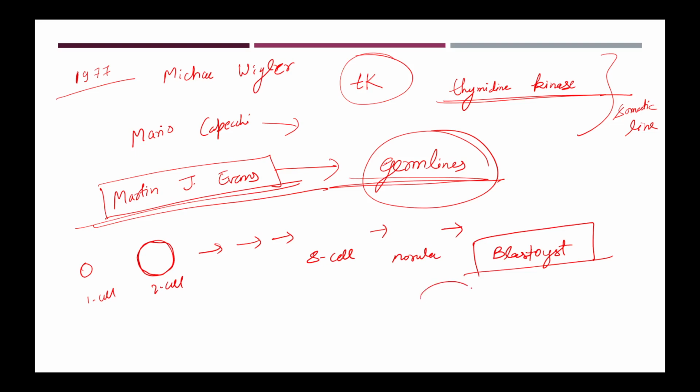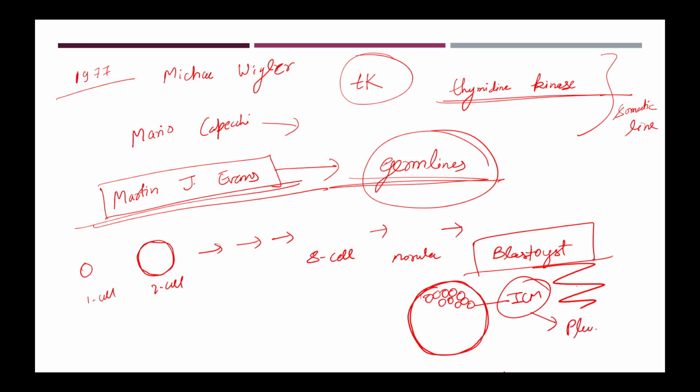In this stage, there is an outer lining, and then there is a division, and after the division the cells form the inner cell mass, which are the pluripotent cells.